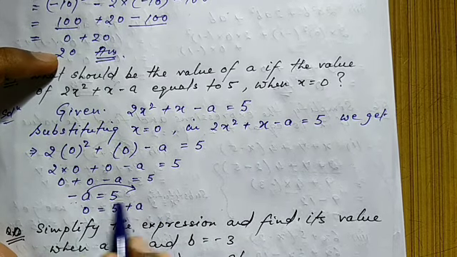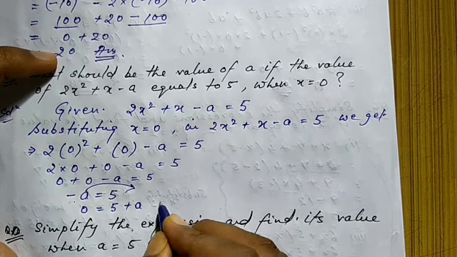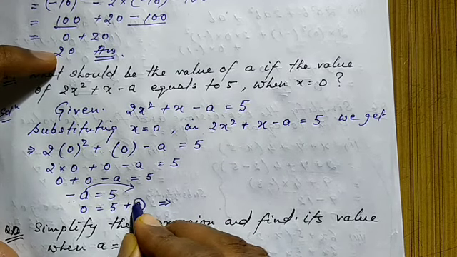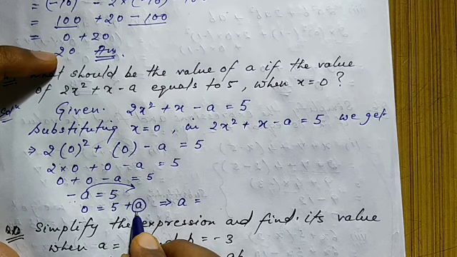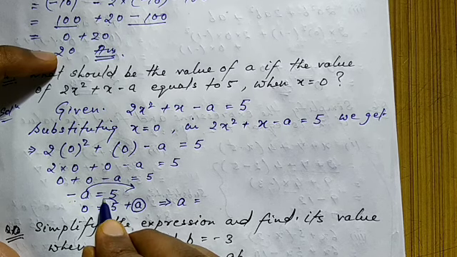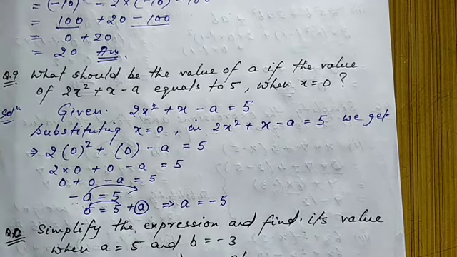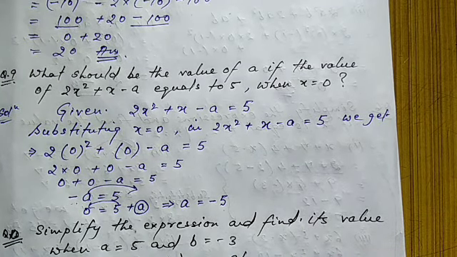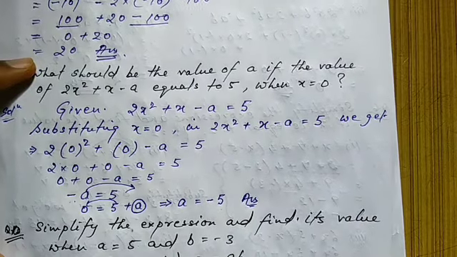Minus a goes to this side, this will become plus a. Now only a is equal to, okay, put a here only, and 5 will go to this side, then this will become minus 5. Okay, so the value of a is minus 5.